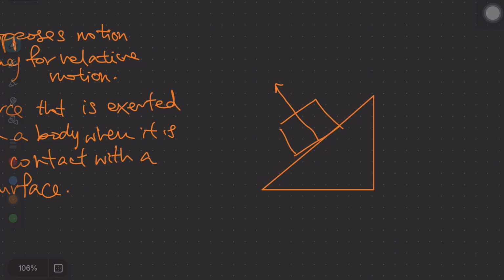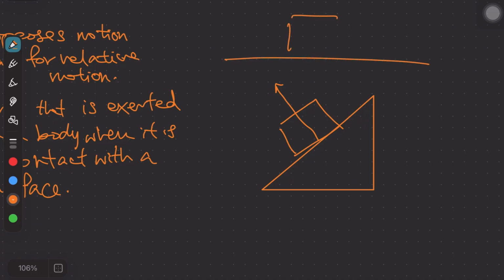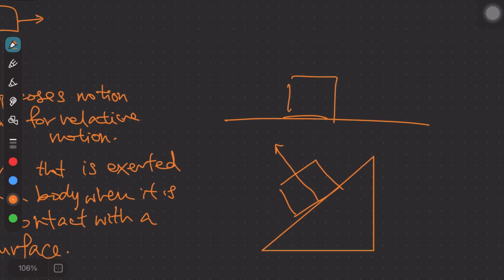And if the box is flat on the ground, the normal contact force will be from the surface to the top. Always remember that my normal contact force must originate from the base where there is contact. Don't draw the normal contact force starting from here, for example.